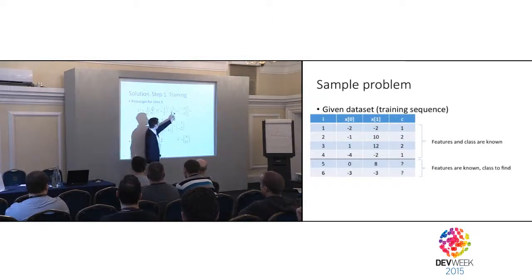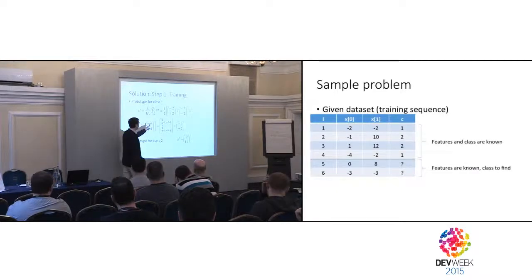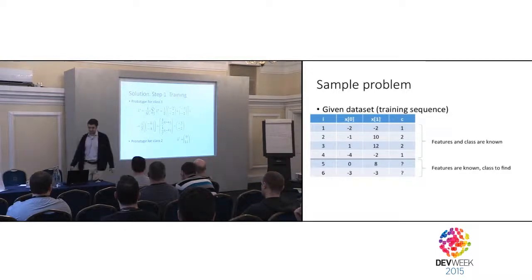So we element-wise add two feature vectors from the training sequence for class 1, then divide each element by 2, as we only had two examples. And here we receive the prototype for class 1. In the same way, the prototype for class 2 would be equal to this vector.